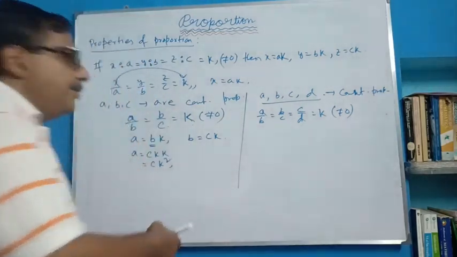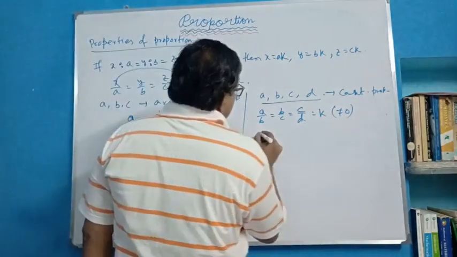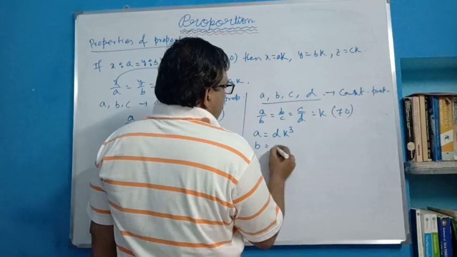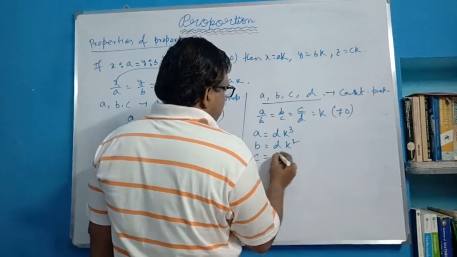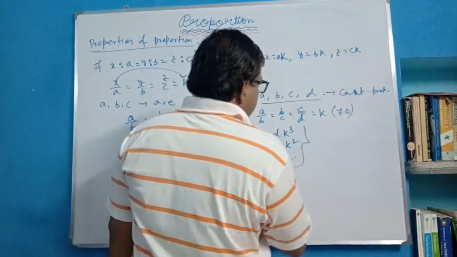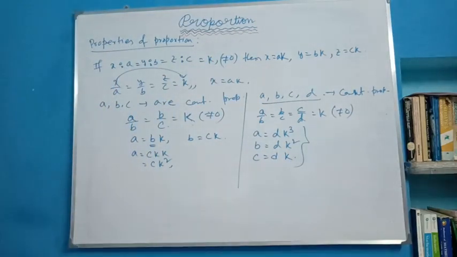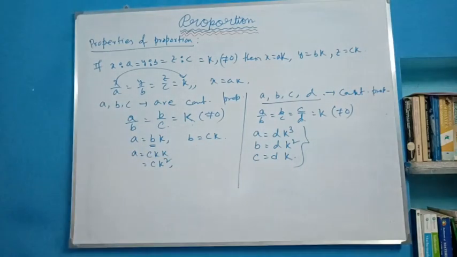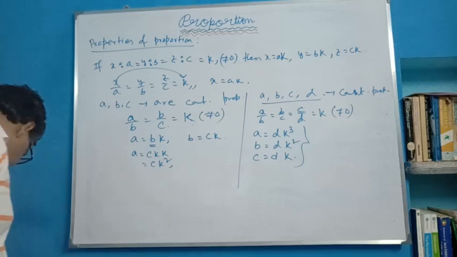Then exactly as before we can write A is equal to Dk cube, B is equal to Dk square and C is equal to Dk, in terms of D and k. Okay.